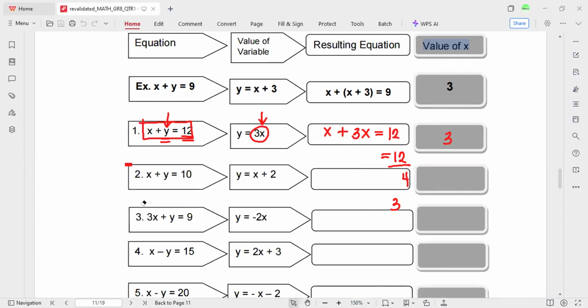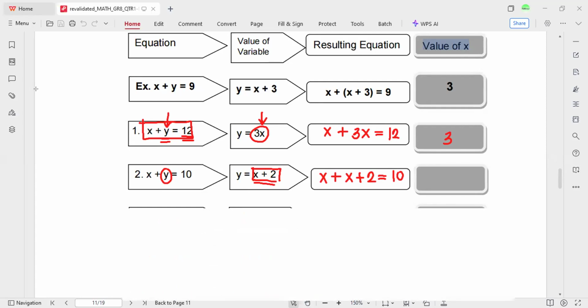Okay, next, number 2. We have x plus y equals 10, and the value of the variable is y equals x plus 2. So again, change your y into x plus 2. We get x plus x plus 2 equals 10. After that, solve it using our linear equation.